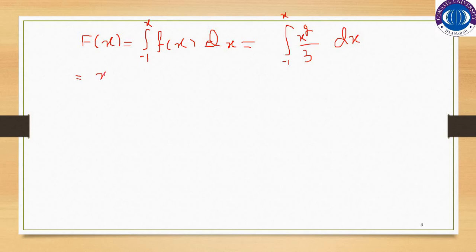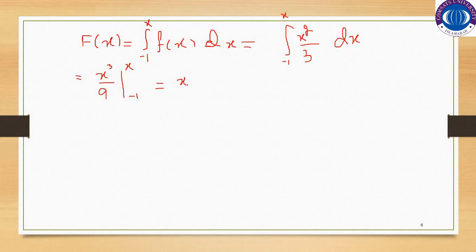So by integrating it, we will get this, from minus 1 till x. First, we will substitute the upper limit, which is x.